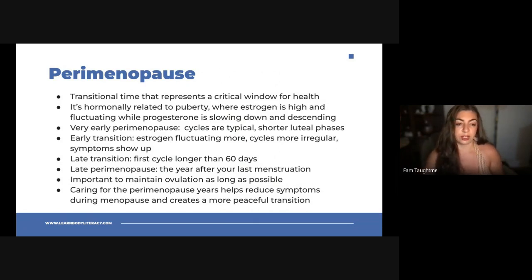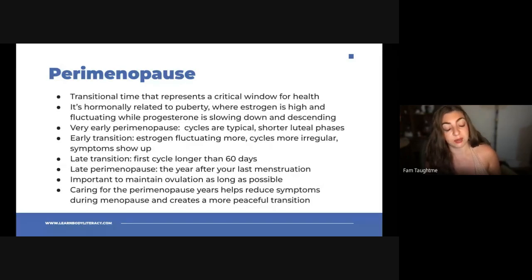So, very early perimenopause is when cycles are still typical. You have shorter luteal phases, but generally the cycle is still ongoing. Then you move into the early transition stage where estrogen starts to fluctuate more. Your cycles become more irregular, symptoms show up. And then in the late transition, you start to have longer cycles, two months or longer.